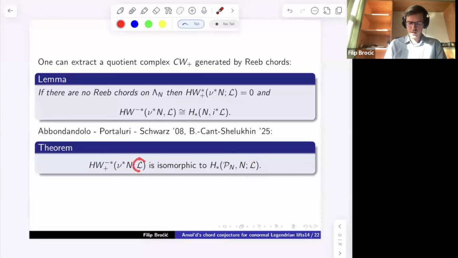In reality this local system is on the space of paths inside the cotangent bundle with endpoints on the conormal bundle, and this is the space of paths on the zero section with endpoints on the submanifold, but these two spaces are homotopy equivalent, so we can identify these local systems.